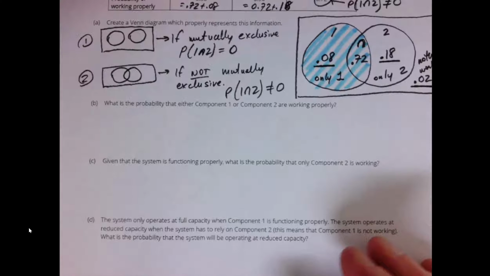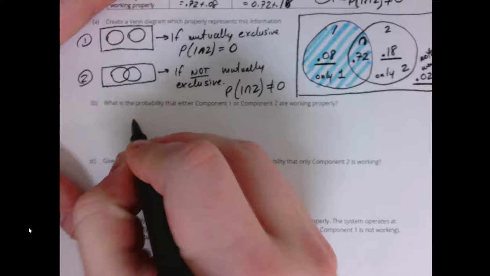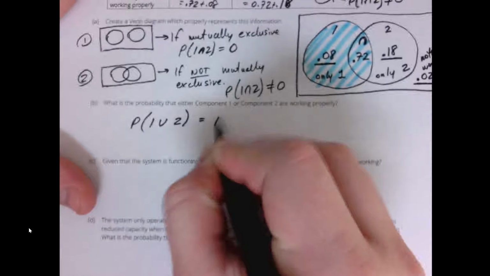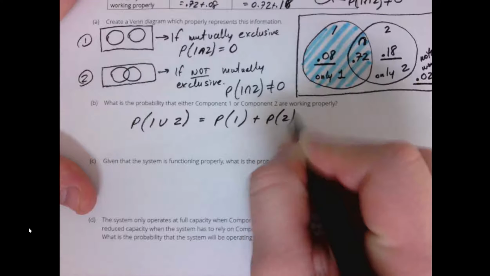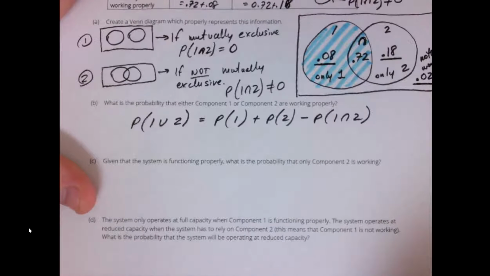Okay, what is the probability that either component 1 or component 2 are working? So let's write out in probability notation 1 or 2. Well, this is the probability of 1 plus the probability of 2 minus the overlap.